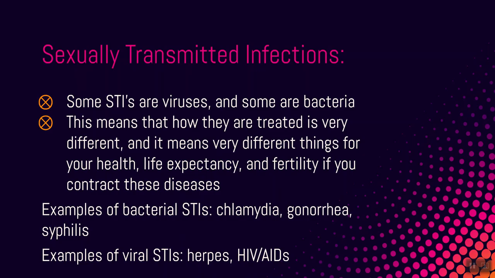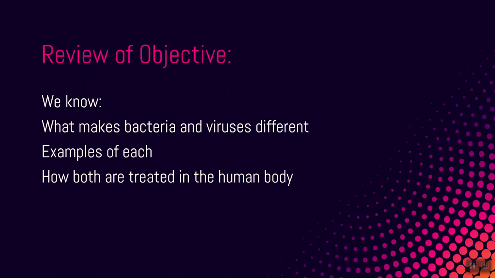And it means very different things for your health, life expectancy, and fertility if you were to happen to contract these sexually transmitted infections. When we think of bacterial STIs, some examples are chlamydia, gonorrhea, and syphilis. When we think about viral STIs, some examples are herpes, HPV, and HIV and AIDS.